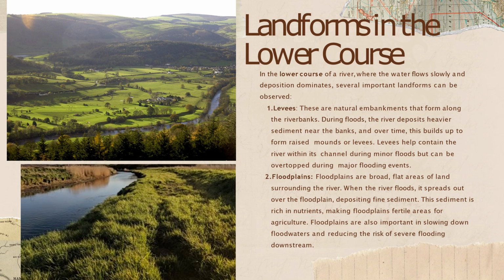Floodplains are extensive, flat areas around the river. When the river floods, it spreads sediments across the floodplain, enriching the soil and creating a fertile area for vegetation and agriculture.